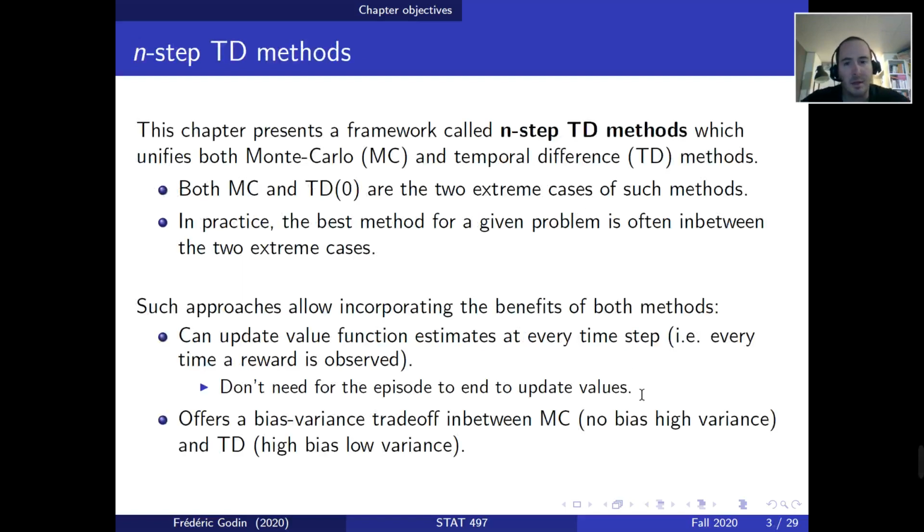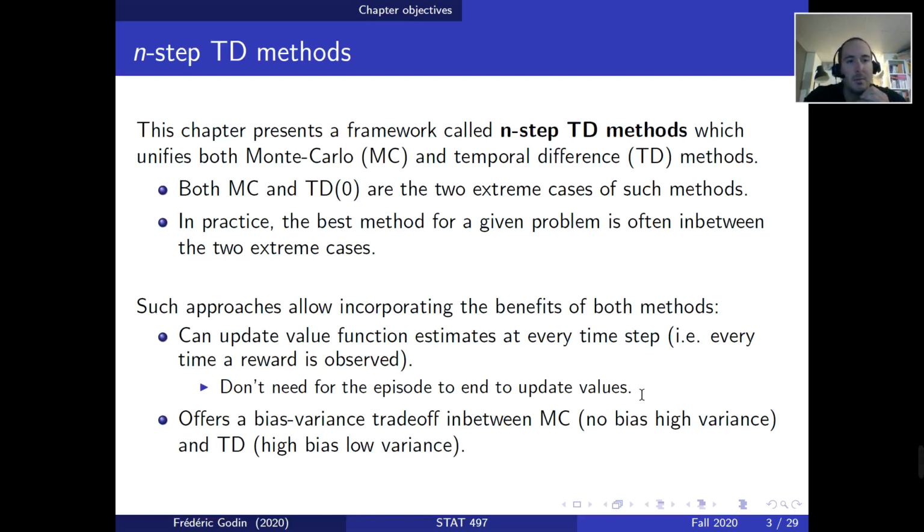The chapter introduces a method called the n-step TD method, the n-step temporal difference method, which, as we said, unifies both Monte Carlo methods and the TD methods seen in the previous chapter. These two methods are extreme cases of the method introduced in the current chapter.